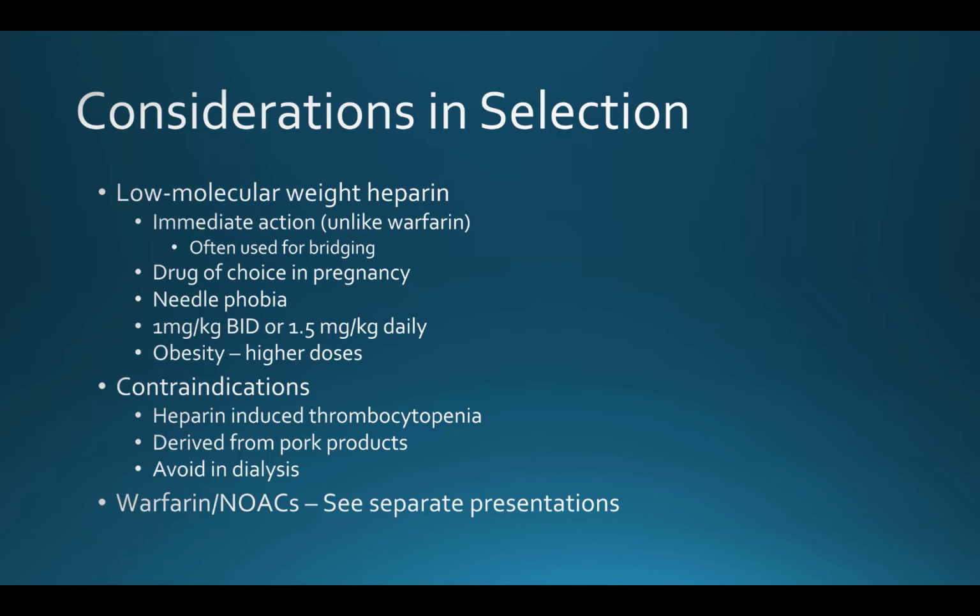So in patients with certain religions, Muslims for example, Jewish for example, as potential religions that may want to avoid anything pork containing. Just a little clinical quirk there. And avoid in dialysis as far as the heparin-based products go. And then warfarin and NOACs, certainly I think I covered those already a little bit, and the pluses and minuses with each of those agents.